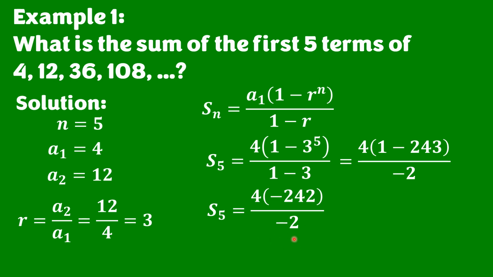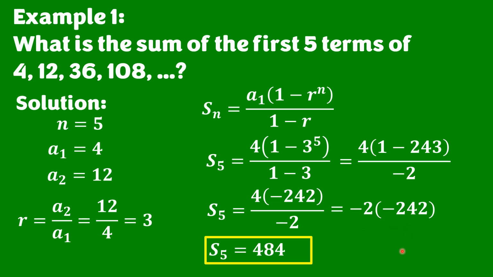Negative 2, that is 1 minus 3. And then next we're going to divide 4 by negative 2. And that is equal to negative 2. And then multiply it by negative 242. So negative 2 times negative 242 is equal to 484. So the value of S sub 5 is equal to 484.